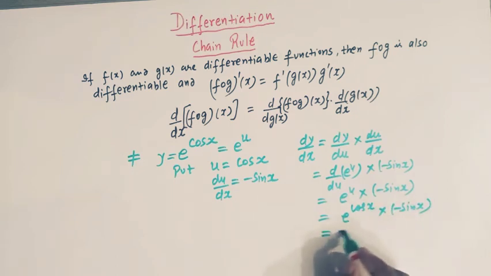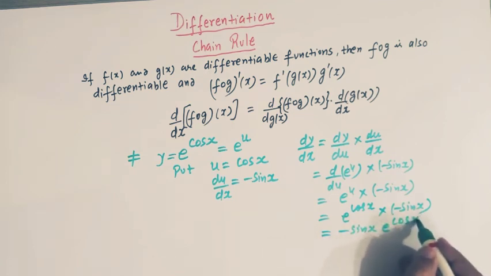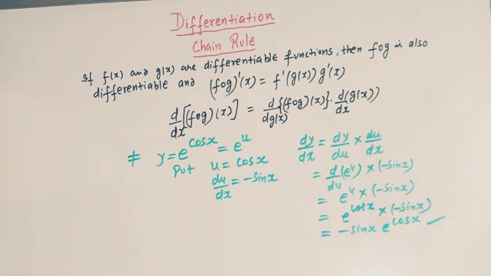So this is equal to minus sin x e^(cos x). So this is the required derivative.